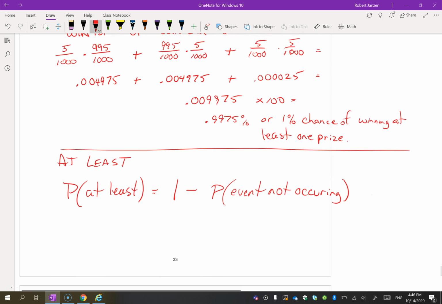So 1 would be 100%, a 100% chance that it's going to occur. If we take away the probability of it not occurring at all, we're left with it occurring in some form or another. So what is the probability of him not winning? Him not winning means 995 out of 1,000 for both draws.